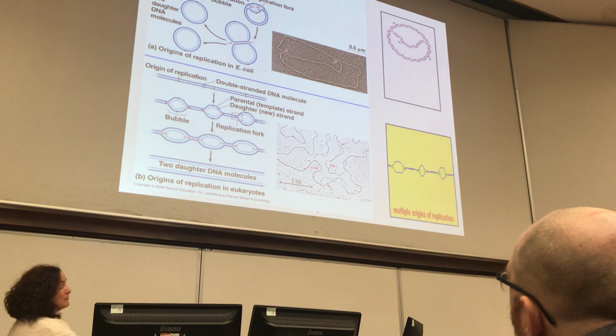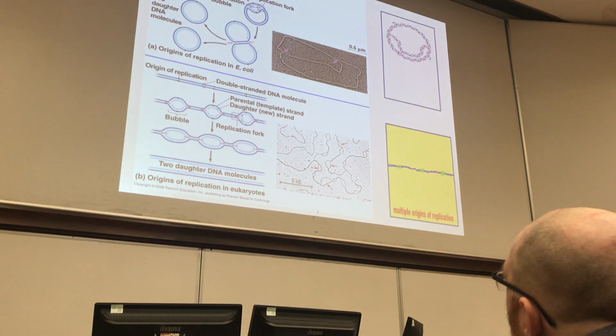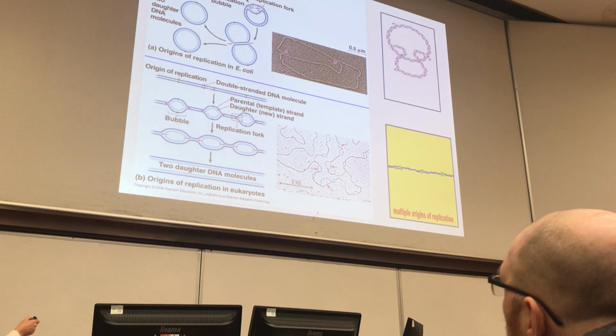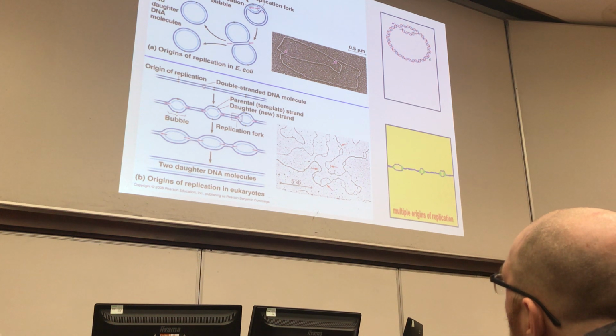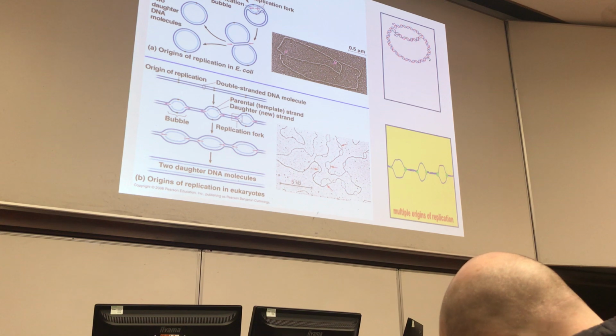Replication occurs in both directions. So, as the name suggests, replication occurs bidirectionally until the whole molecule is copied. In prokaryotes, they don't have such a large genome, and so there is only one origin of replication.